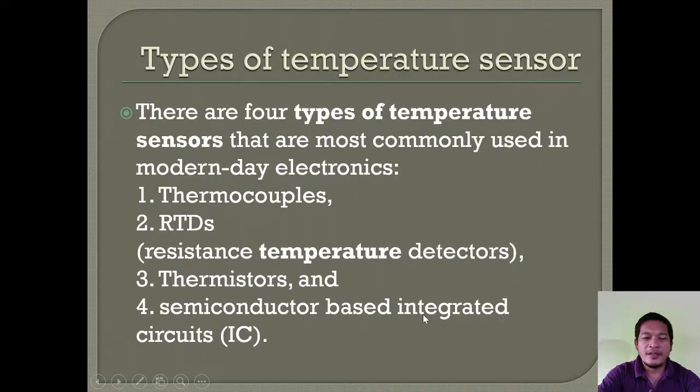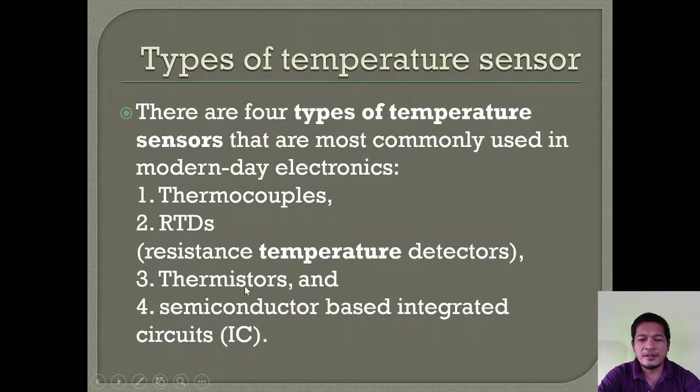There could be a lot of types of temperature sensors. Number one is the thermocouples, and number two is the RTDs or resistance temperature detectors. If it senses a temperature, then its resistance will change.